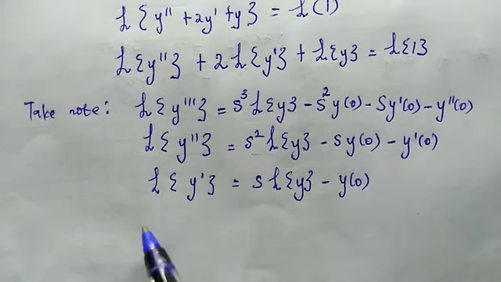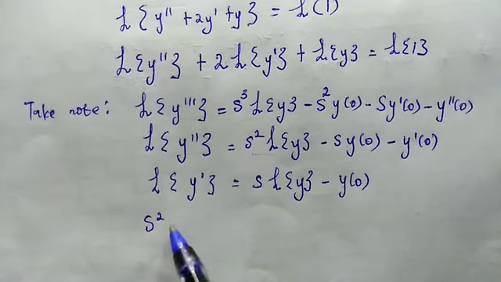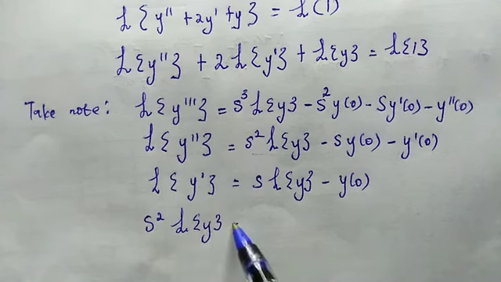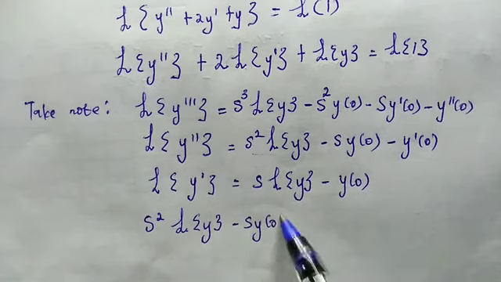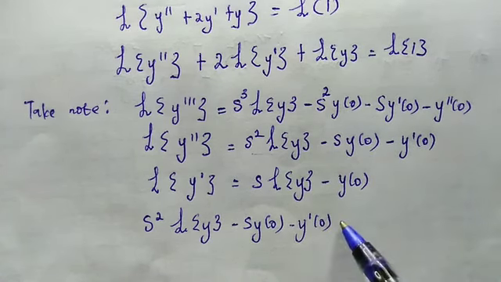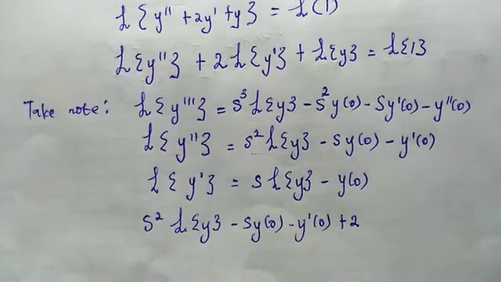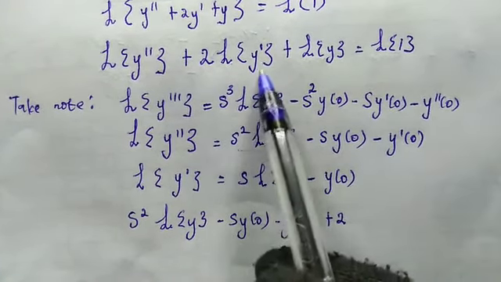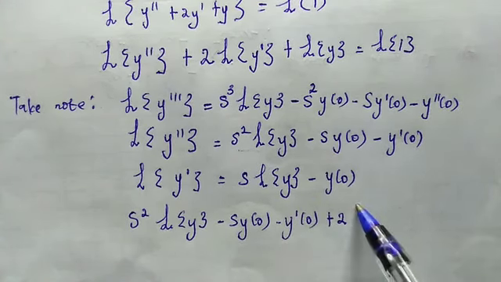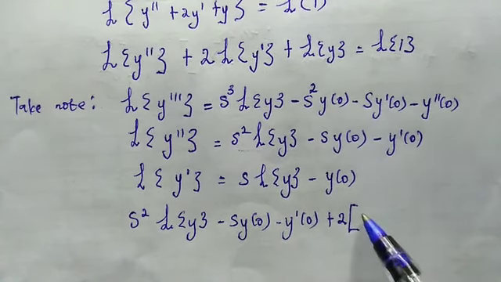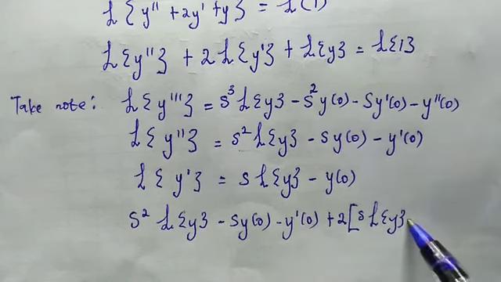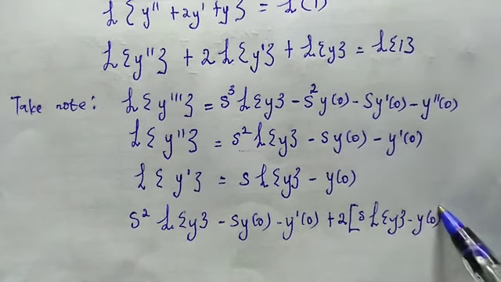So from there we have s squared multiplied by the Laplace transform of y, minus s y(0), minus y'(0). Then plus 2 multiplied by the Laplace transform of y', which gives us s, so we are multiplying by 2: s multiplied by the Laplace transform of y, minus y(0).